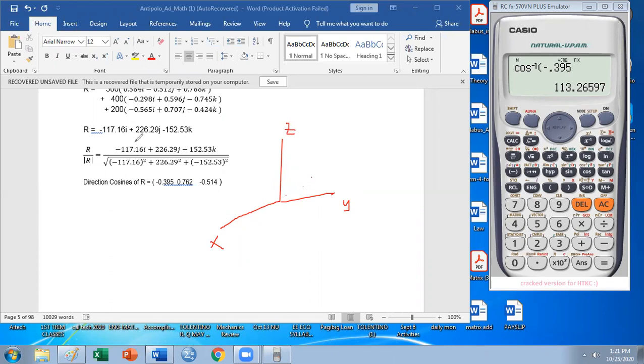That is its pointing. When Y is positive, somewhere here. And then when Z is negative, somewhere there.